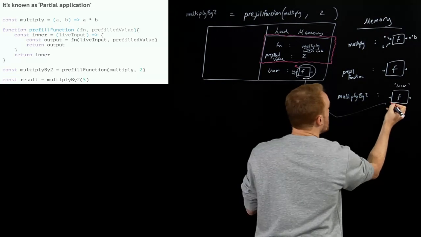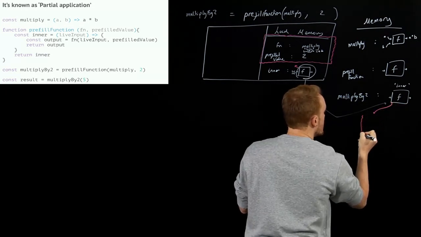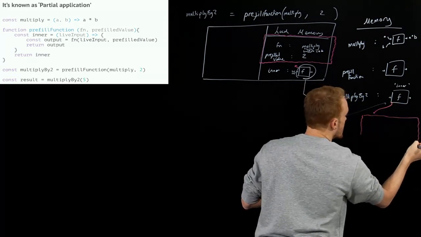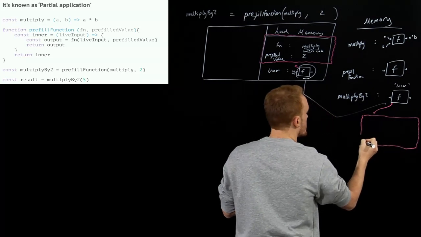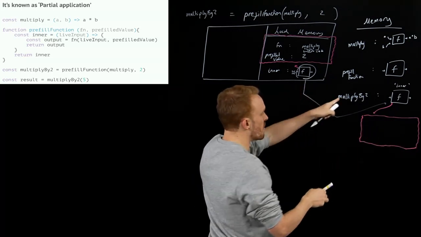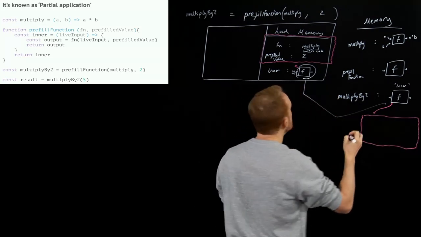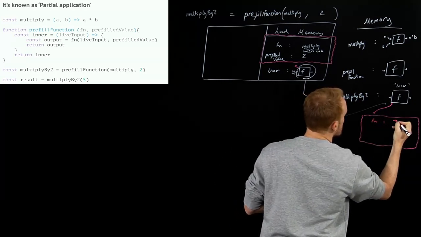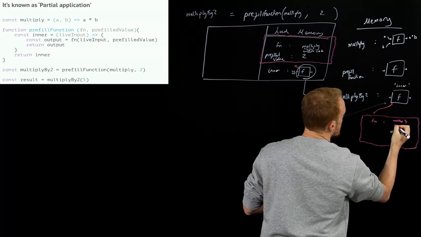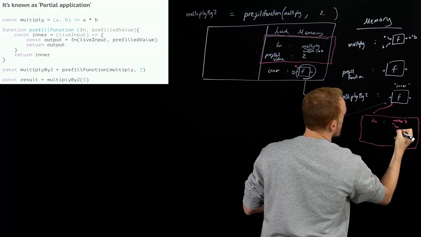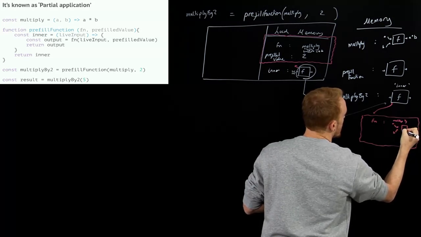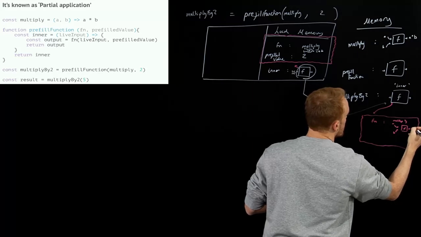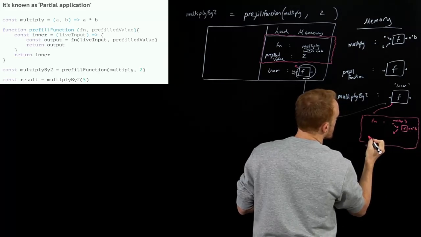But in its backpack, David, is some really useful stuff. What is in that backpack that multiply by 2 is going to need? The function multiply. Yeah, under what label? Fn. Fn, so multiply, which takes in A and B and returns out A by B. And what else? Pre-filled value.